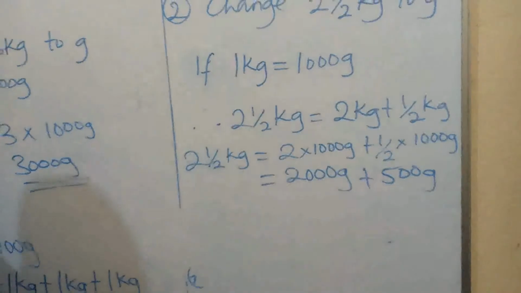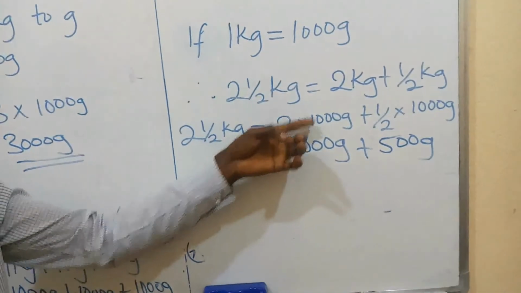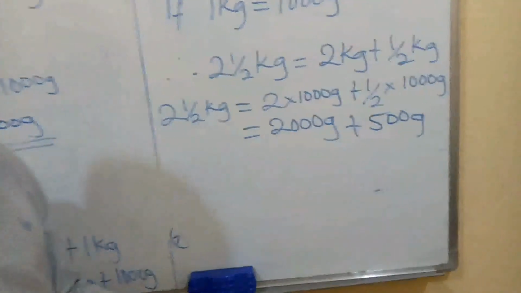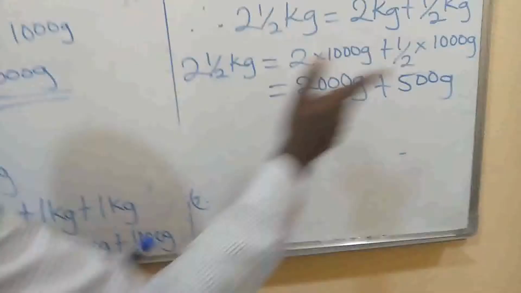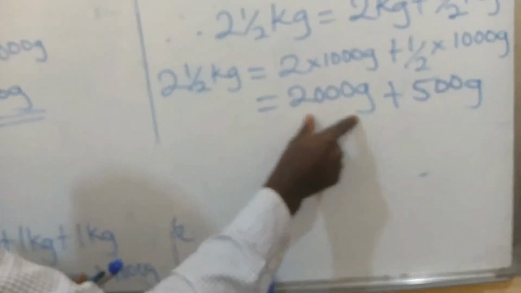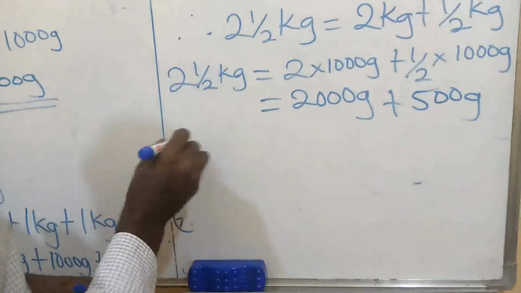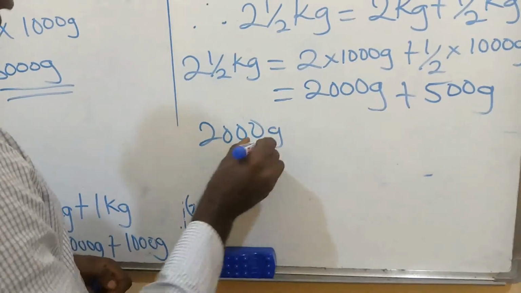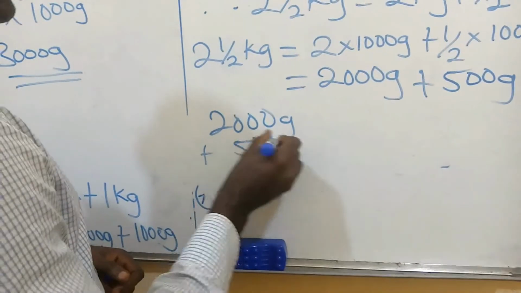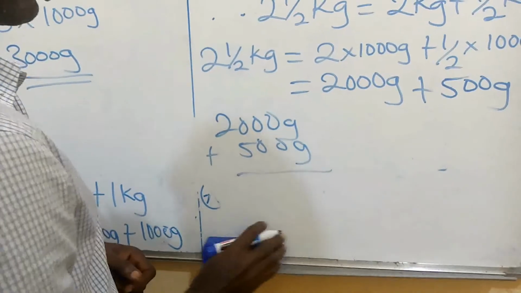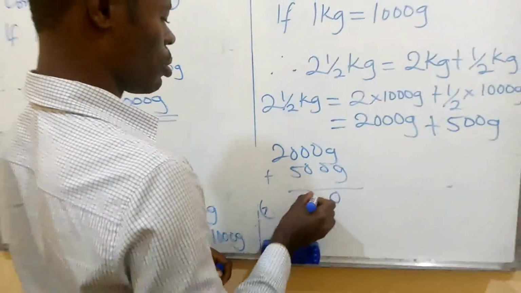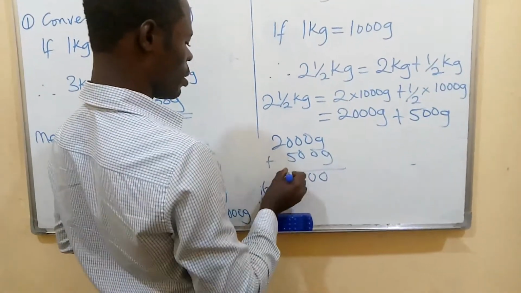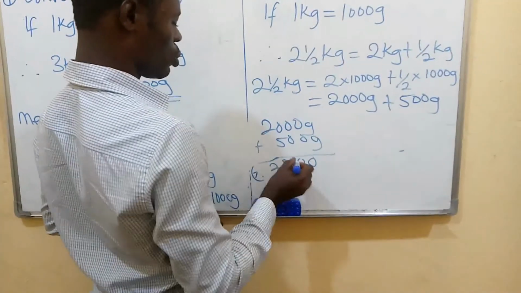So we have there 2 kilograms giving us 2,000 grams, plus a half kilogram giving us 500 grams. So now we are going to add 2,000 grams to 500 grams. So 0 plus 0 is 0, 0 plus 0 is 0, 0 plus 5 is 5, and 2 plus 0 is 2.